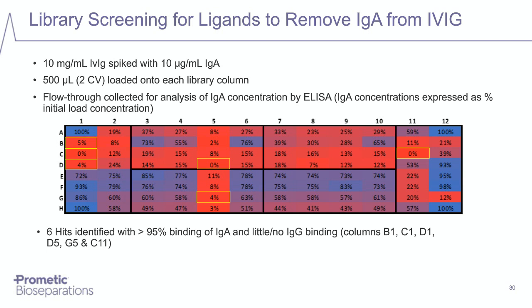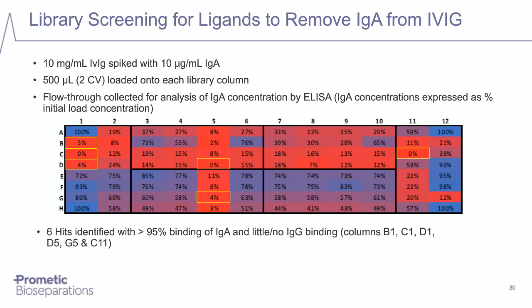So if we wanted a polishing step for IgA, these will be the ones that we'd be interested in. And we've highlighted 6 ligands here that are able to capture IgA, and all 6 of these have very low binding of IVIG. So more than 95% of the IVIG goes through in the flow-through fraction, and the majority of the IgA is captured and bound and removed.